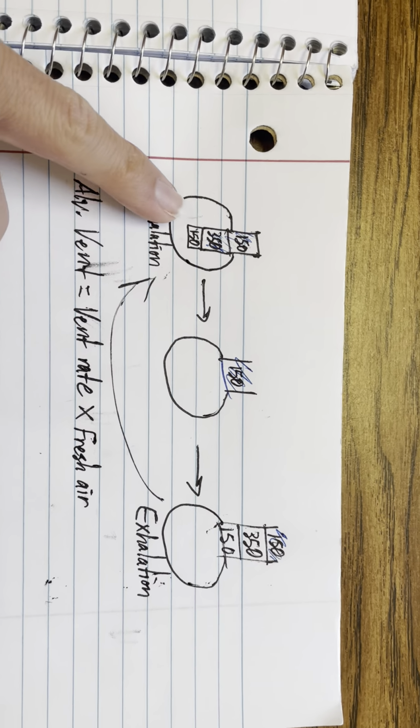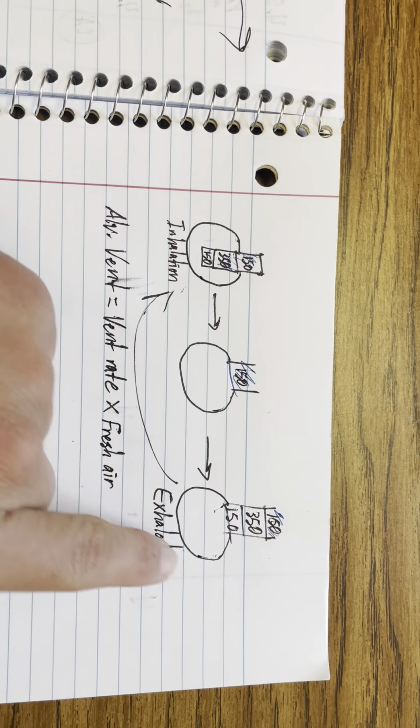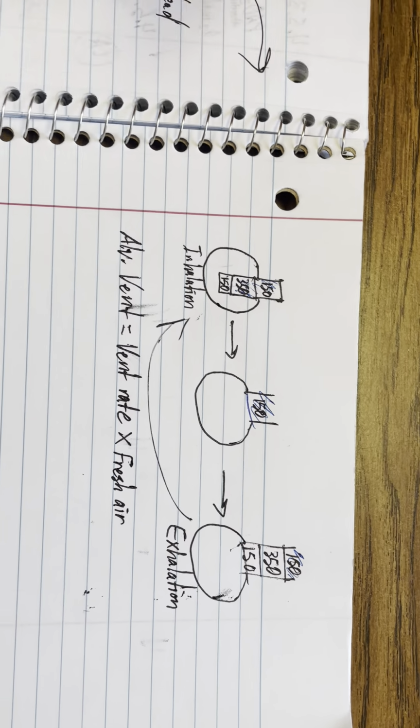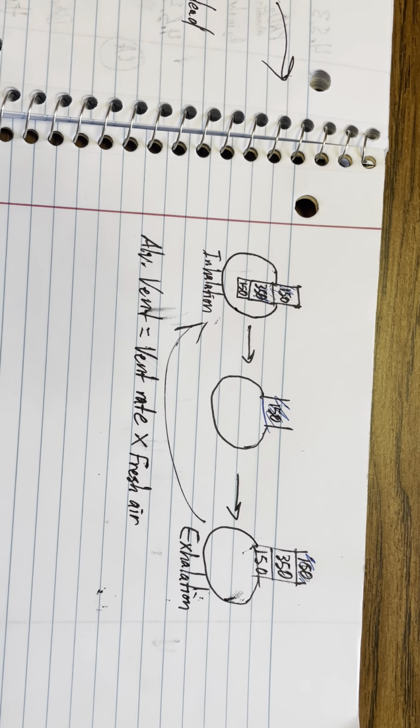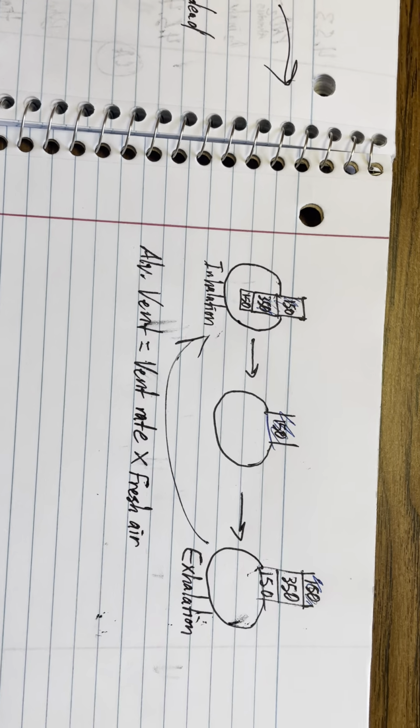When we inhale, if we think of this kind of like a plunger, it goes up and down, and oxygen will get absorbed as the plunger goes down, and then as the plunger goes up, the air moves out, so it can't be absorbed.